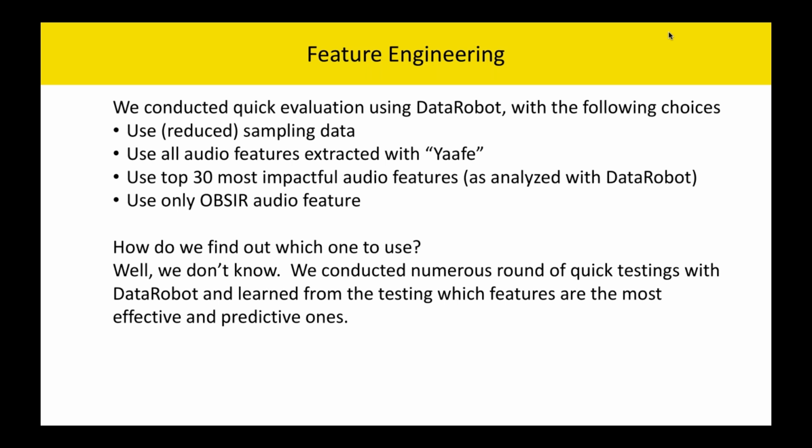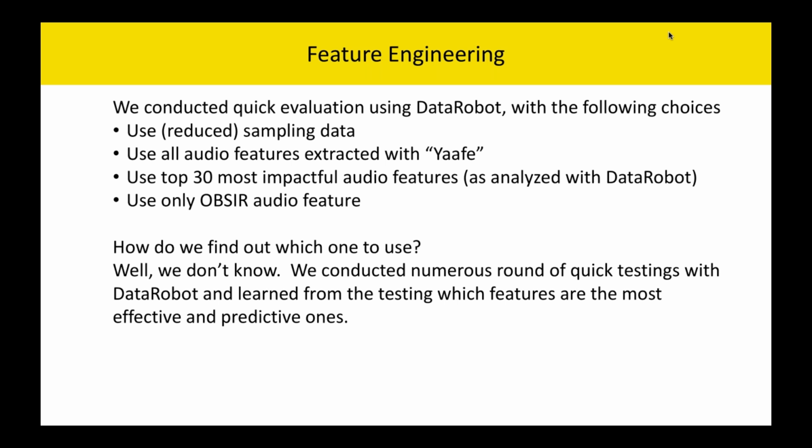With the 30 most impactful audio features, this is the one thing you can easily be confused about: these 30 are not the 29 types of audio features, but instead 30 different data points from a few of those audio features. As I mentioned early on, these 29 audio features have a few thousand data points, but with the feature impact analysis, we were able to nail down that only 30 of them are very impactful.